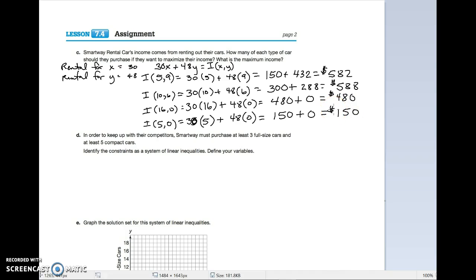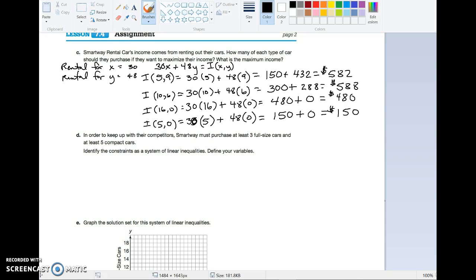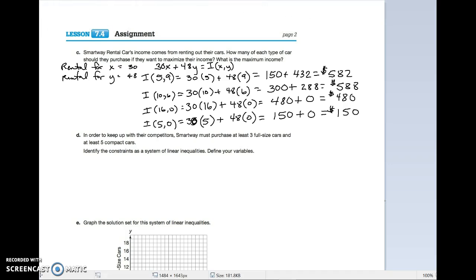So which one should they do if they want to maximize their income? Well, if they want to make the most money, then they should focus on this right here, shouldn't they? 10 compacts, 6 full size will get them $588. They'll make $588.